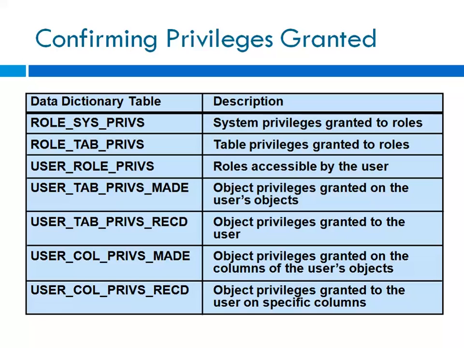Then user_col_privs_made, object privileges granted on the columns of the user's objects. The tables that I have created, if on the columns of those tables I have given object privileges to other users, they will be stored here. And similarly, whatever privileges I have received on specific columns of some tables will be stored here in my database.